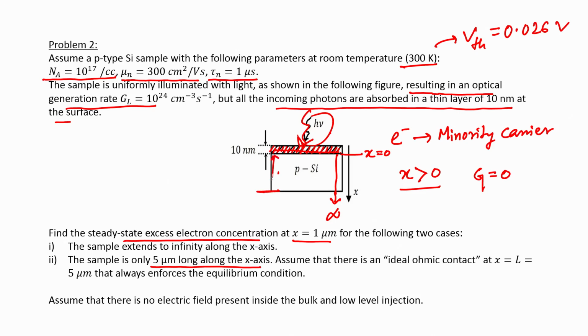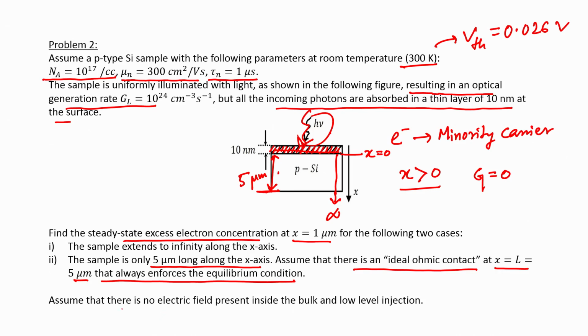In the second case, it is also given that on the other end, after this 5 micrometer length, there is an ideal ohmic contact at x equal to L equal to 5 micrometer that always enforces the equilibrium condition. We will discuss this while solving the problem.